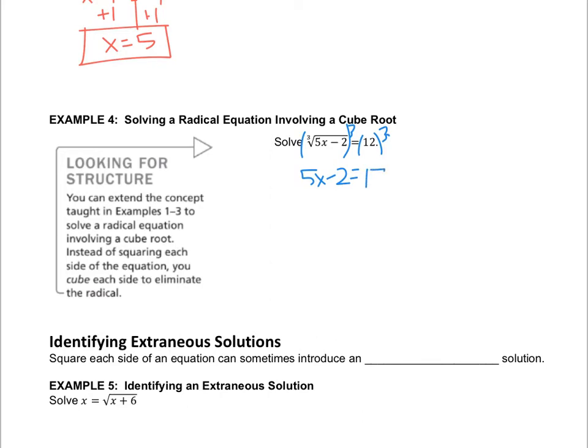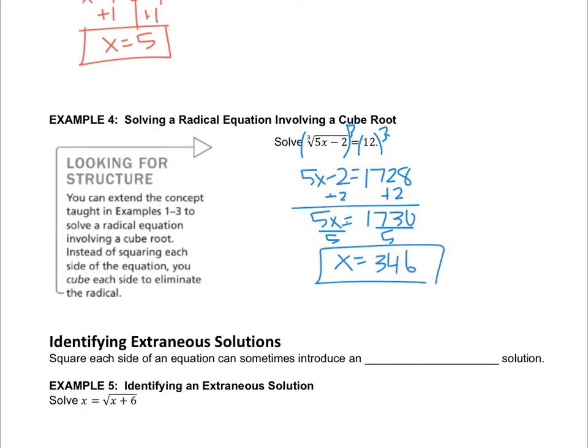It's 1,728. So obviously you add 2. You get 5x equals 1,730. Divide by 5, and that's 346.